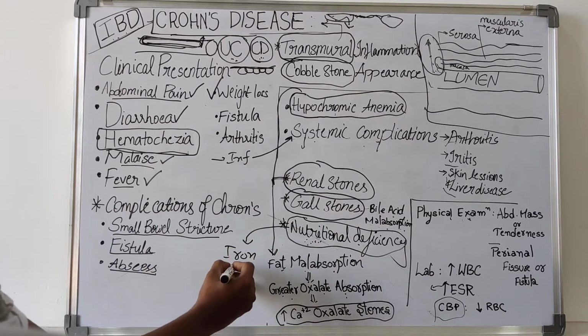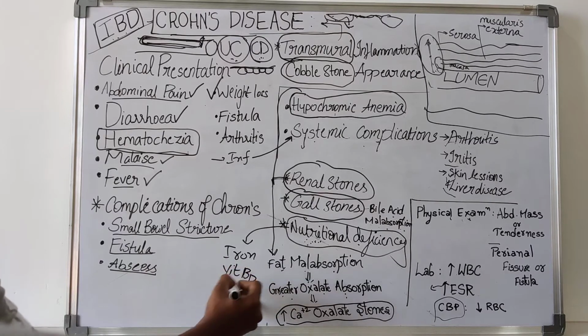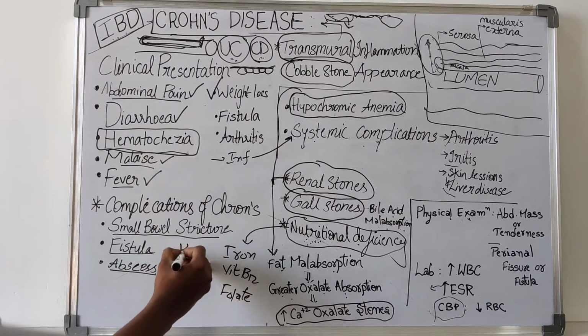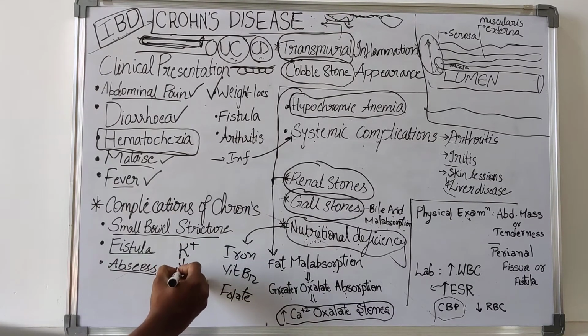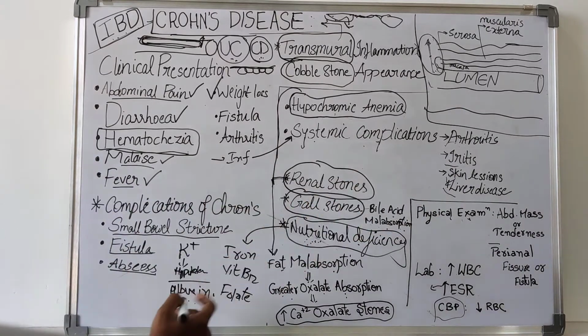Deficiency of iron, deficiency of vitamin B12, folate deficiency, potassium deficiency, which is called hypokalemia, and there will be deficiency of albumin in the patient. It may be due to absorption or synthesis, or it may be due to the presence of liver disease. It results in hypoalbuminemia.